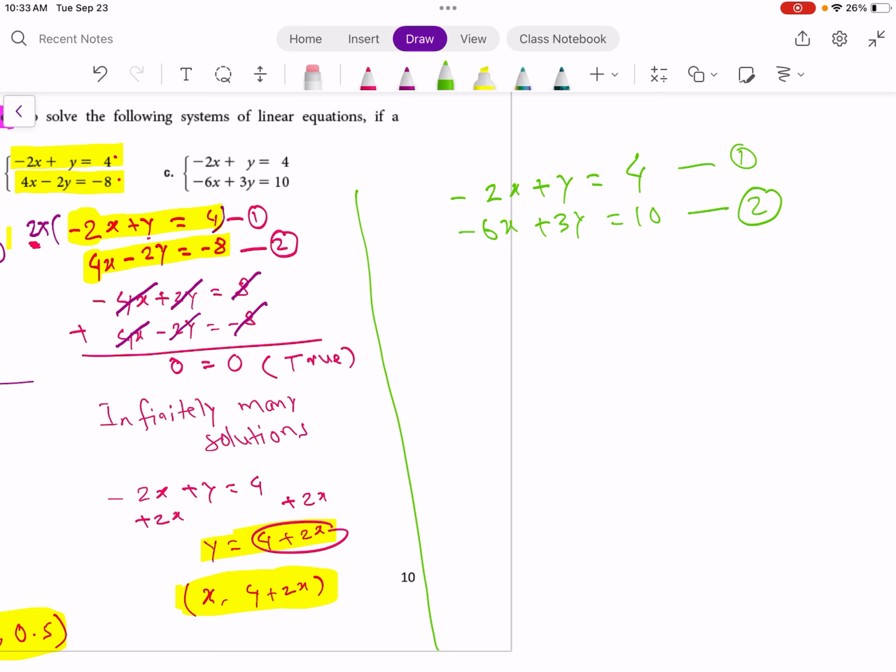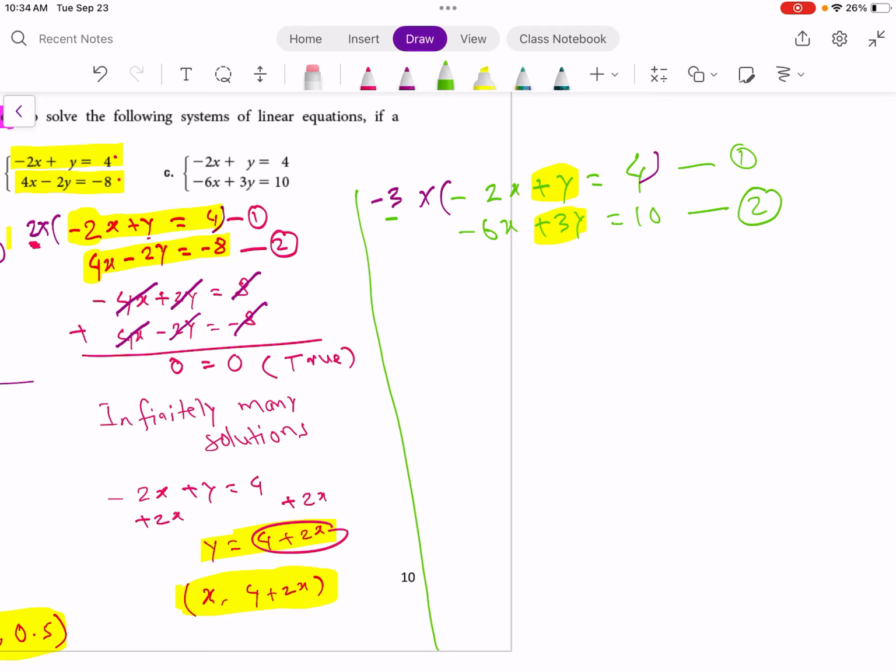If you want to eliminate y, we have positive 3y here. Our target is making negative 3y here. How can we make negative 3y here? By multiplying by negative 3. So you multiply equation 1 by negative 3.